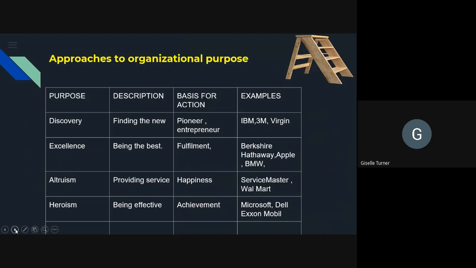Heroism, being effective because you want to be strong to achieve this goal. And Microsoft has done it because, as Sabita was talking, they have gone beyond the computer into pharmaceuticals and philanthropy and things like that. Dell is not too far behind, and ExxonMobil. Next slide, please.